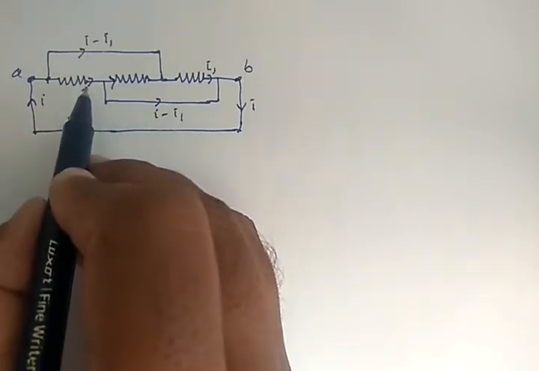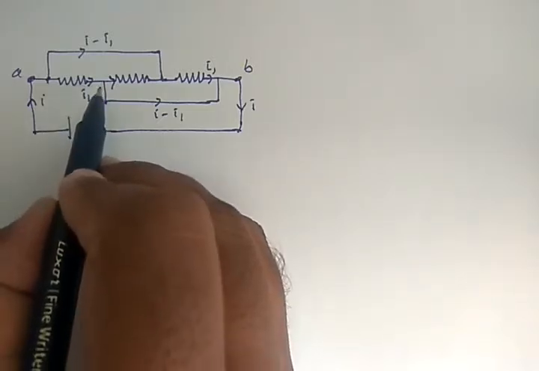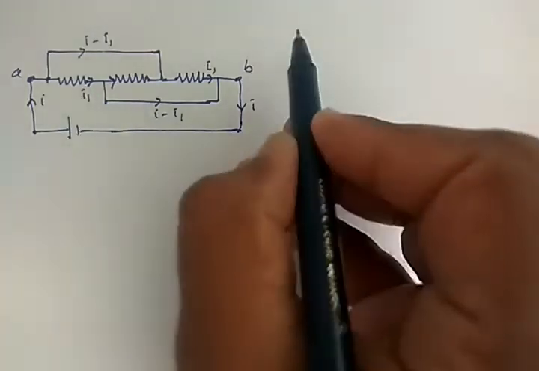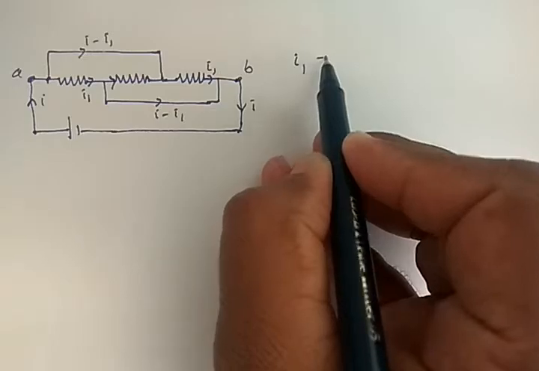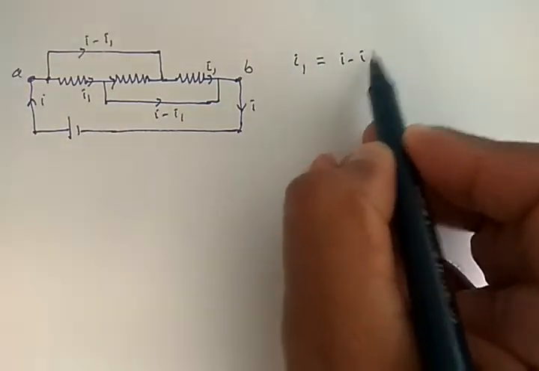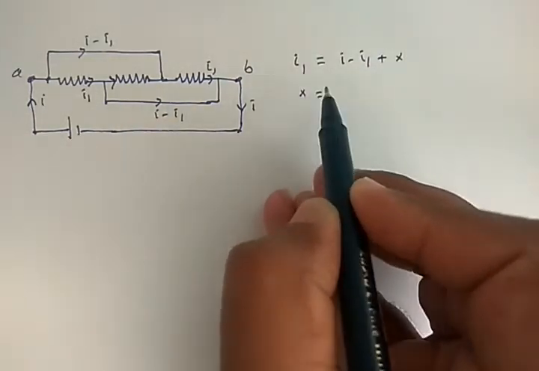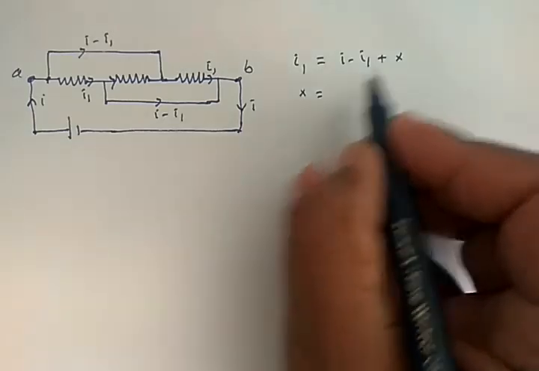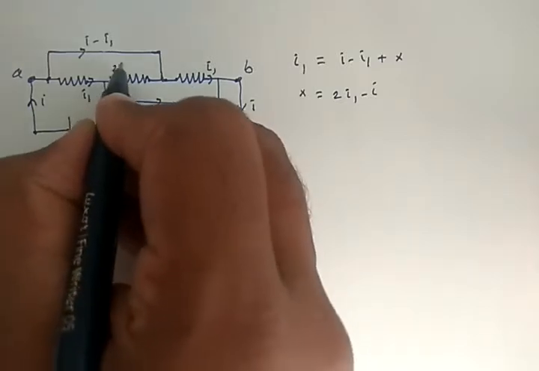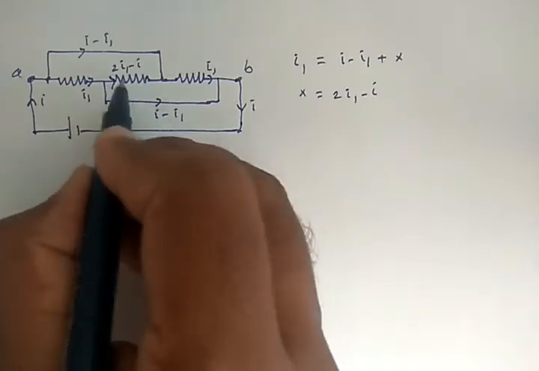So we know the sum of currents that are going towards the junction equals the sum of currents that are leaving the junction. So here the current that is going towards the junction is I1, that must equal the current that is leaving this junction, that is I minus I1 plus that something, let us take it as X. So now that X becomes 2I1 minus I. So that is the current going through this one, 2I1 minus I. That is the current going through that resistor.